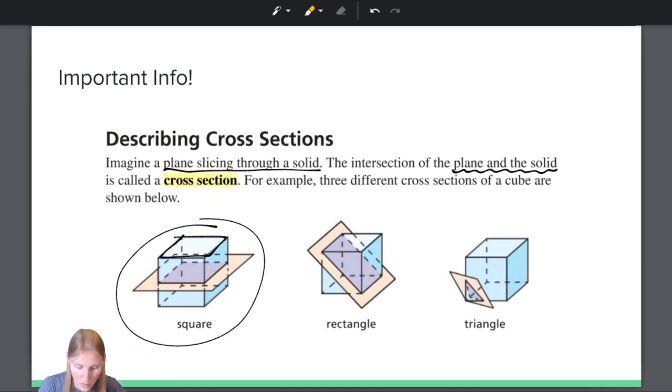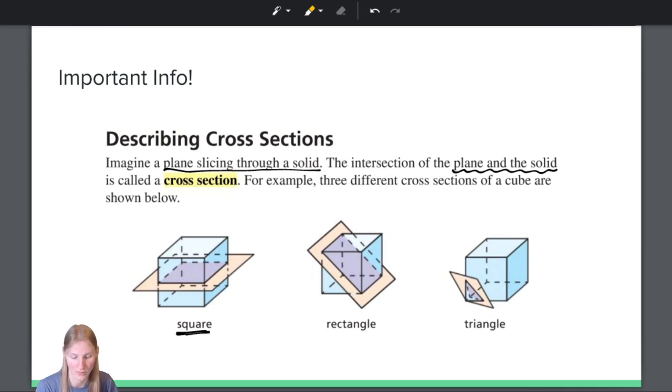Well, what 2-dimensional shape is the base of a cube? A cube is just a ton of squares put together, right? All the bases of a cube are squares. So if we slice the cube parallel to the base, it is also going to be a square. And that's what it says right here, that if you cut it parallel to the bottom, perfectly horizontally, you will get a square.